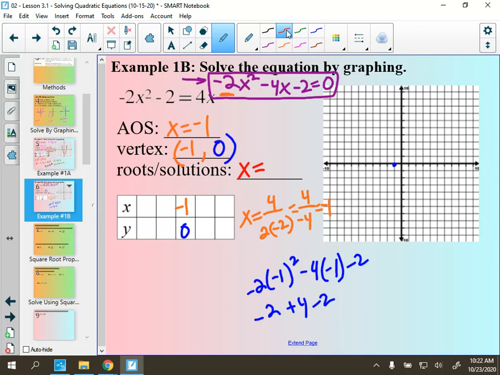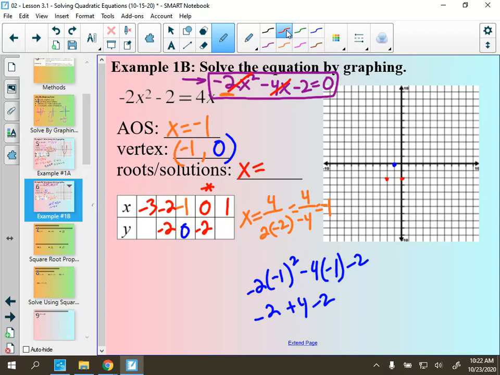I know I have my solution, my root, but let's finish it. I don't think it's going to be terrible. If I go up from here, I'm going up to 0 and 1. I'm going to go down to negative 2 and negative 3. 0 is a great point for us because why? I know if it gets plugged in here, my y-intercept is negative 2. So 0, negative 2.